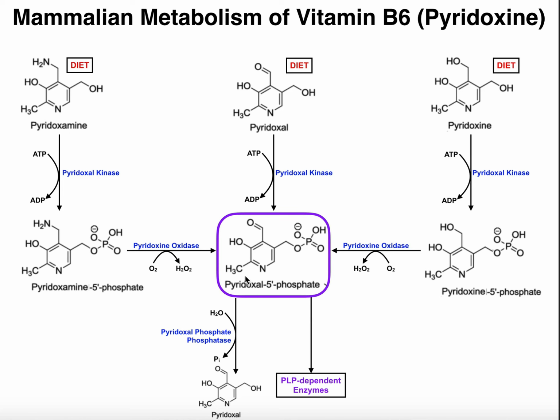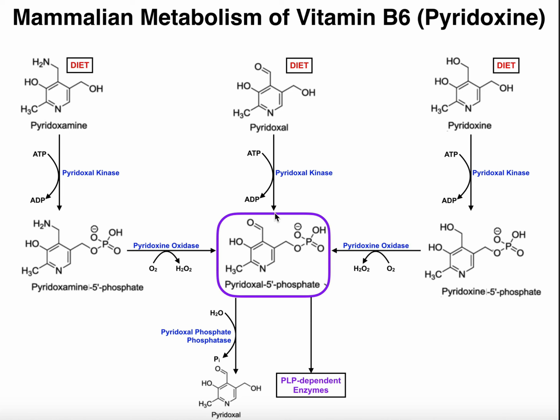This again is the active form of the cofactor or coenzyme vitamin B6, and the way we get it to be fully active is we have to ligate it to what's called a PLP-dependent enzyme. There are many PLP-dependent enzymes, and essentially what they do is they use a lysine residue somewhere on their structure, and the lysine will attack this carbon of the aldehyde up here, and it will form a Schiff-base linkage with this entire ring via this carbon where my mouse is, and it ultimately connects through a lysine residue.